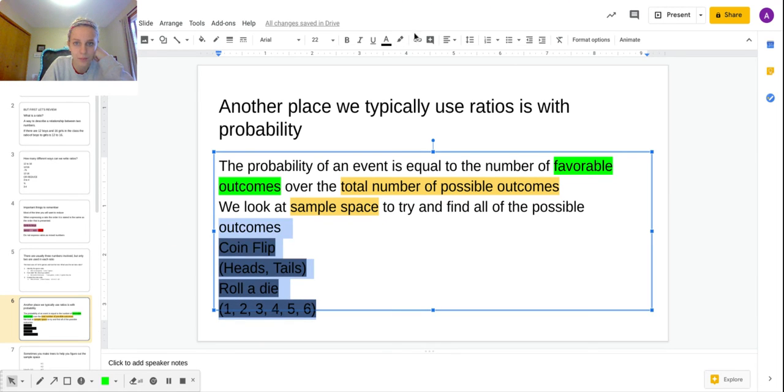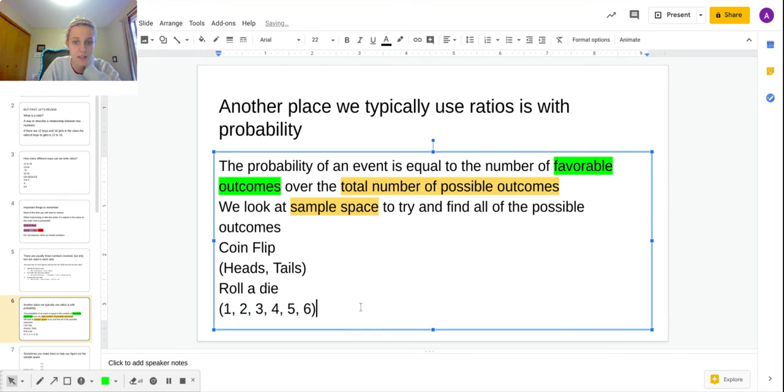A couple examples of sample space: if you're flipping a coin, the possible outcomes are heads or tails. If you're rolling a 6-sided die, you can roll a 1, 2, 3, 4, 5, or 6. These are your sample spaces. These are the possible outcomes.